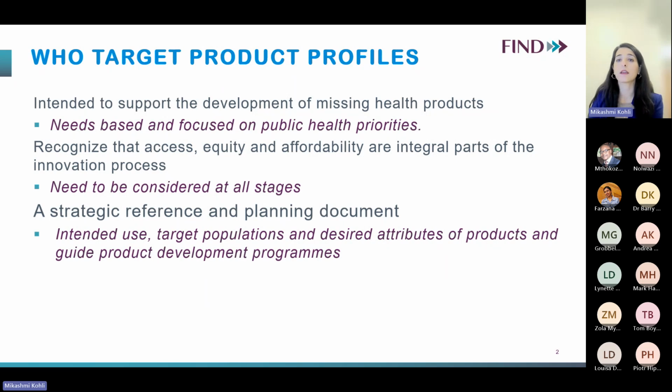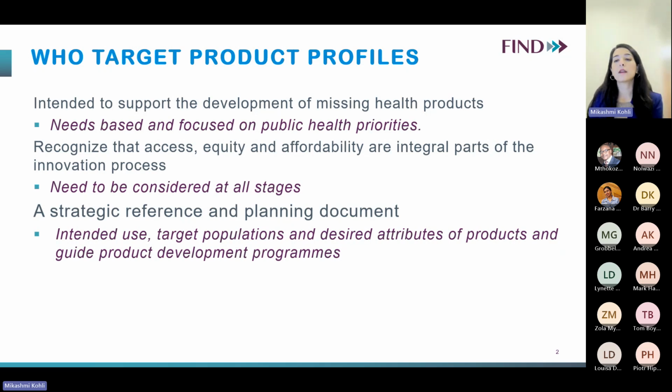I'll be talking about the tools-related TPPs, but there are TPPs for drugs, for vaccines, etc. And they help put together a document which is more of a guidance document for manufacturers, for regulators to really understand what is the need and what is a public health priority to get a product out in the market.